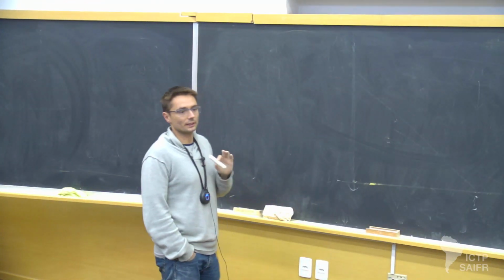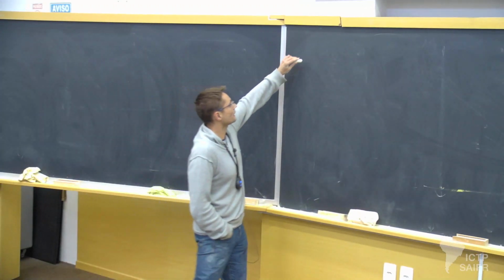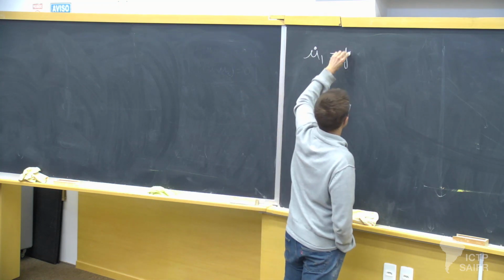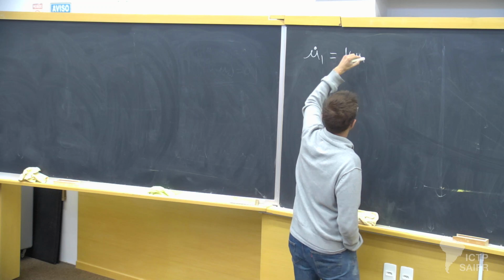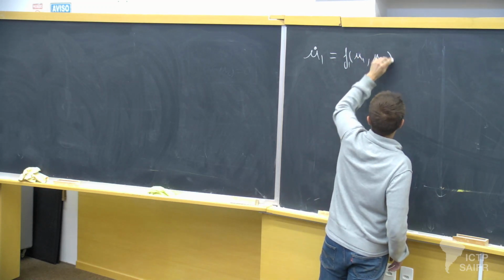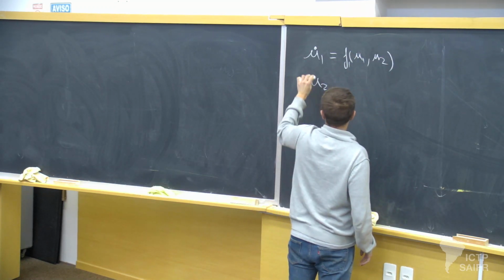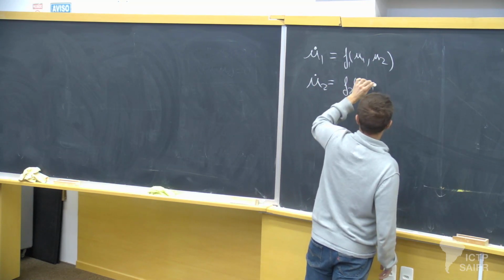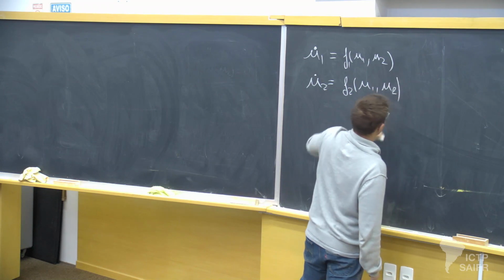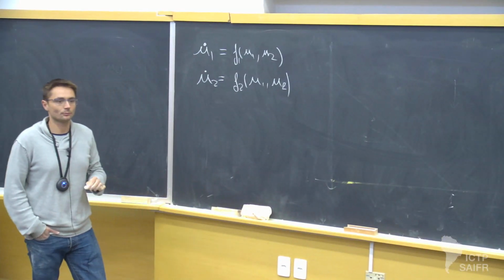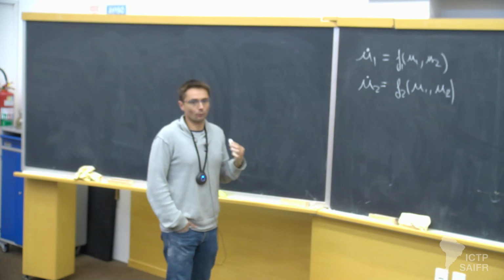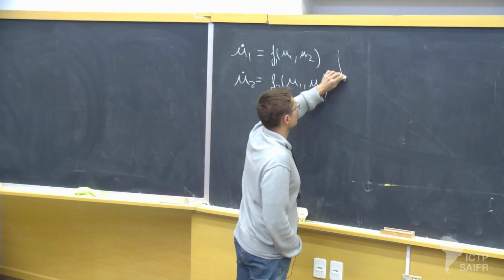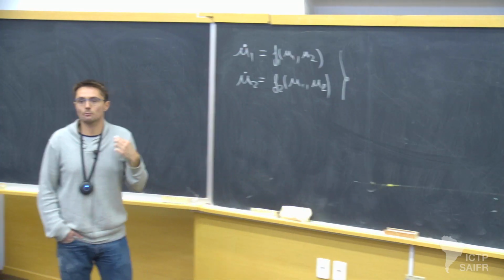So in the more general case, we'll have a dynamical system that can be written in this way, no? And following what we were doing yesterday, what we want to know is how this system is going to respond against perturbations.